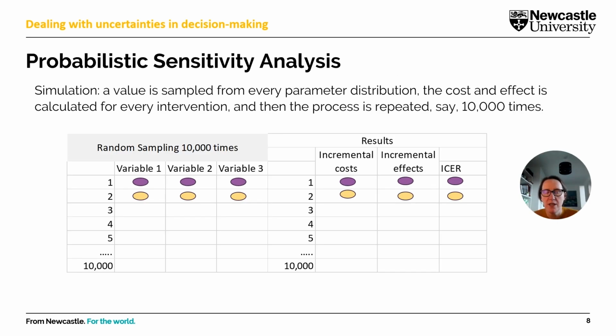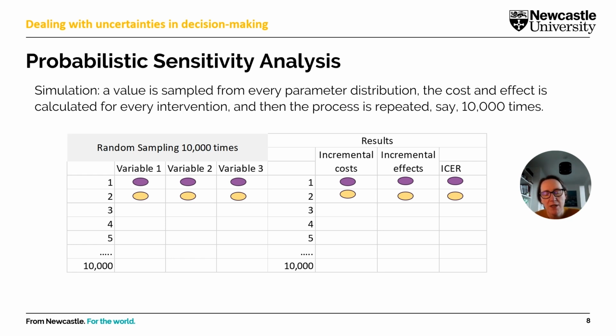In the majority of cases, PSA is approached using simulation methods. For every simulation that we run, an estimate is drawn from the distribution that we've assigned to each of the variables. These estimates are then used to simulate a unique set of results.